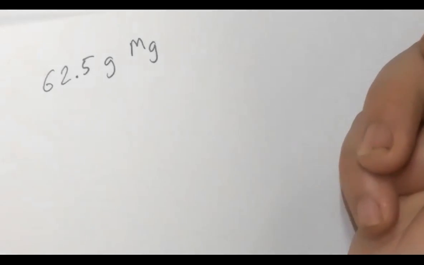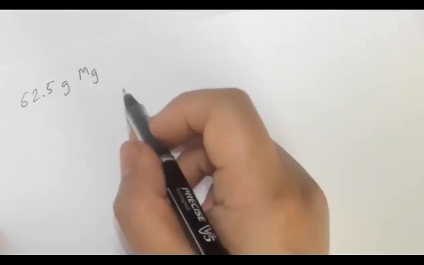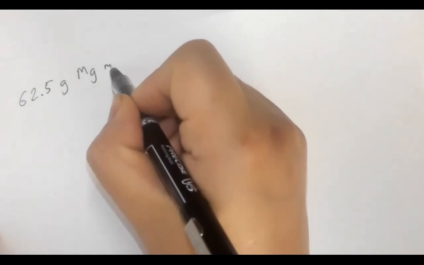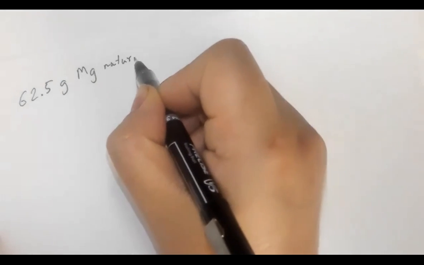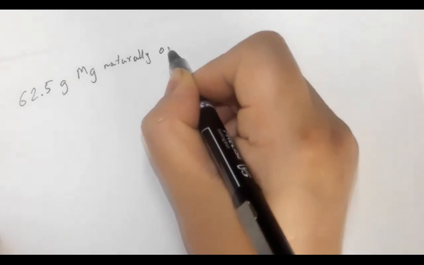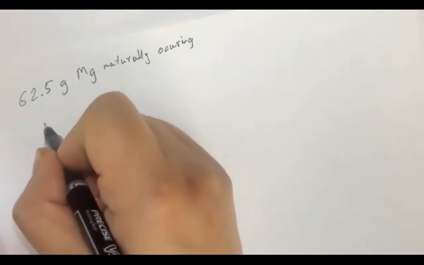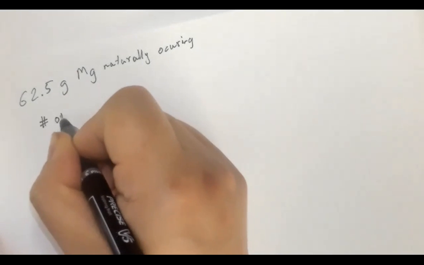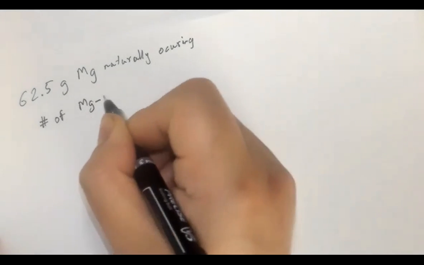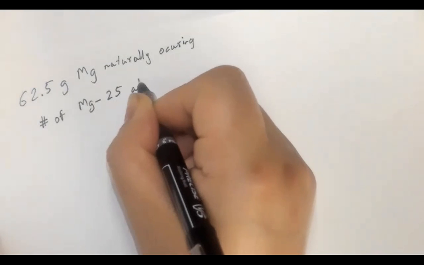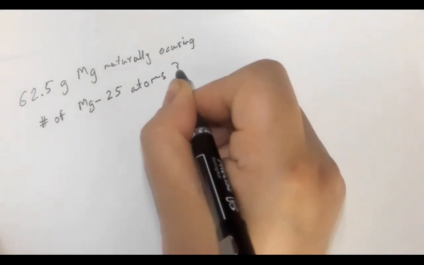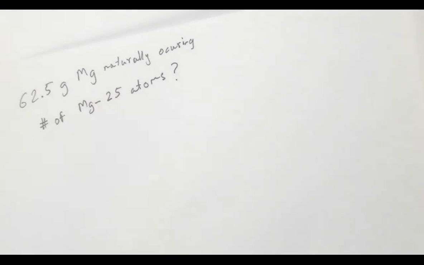And I'm interested in figuring out, I have this gram of naturally occurring magnesium, right, and I want to figure out the number of magnesium 25 atoms. Okay, got it?